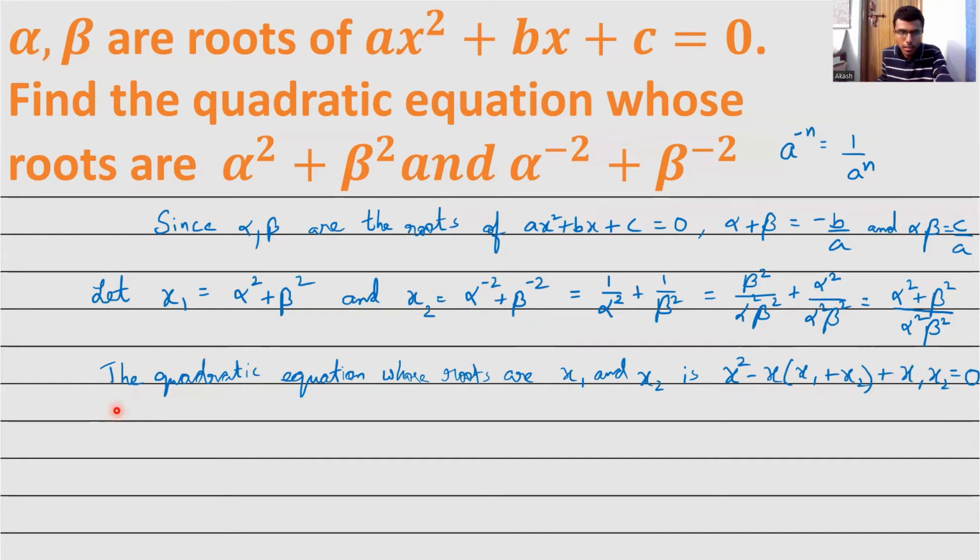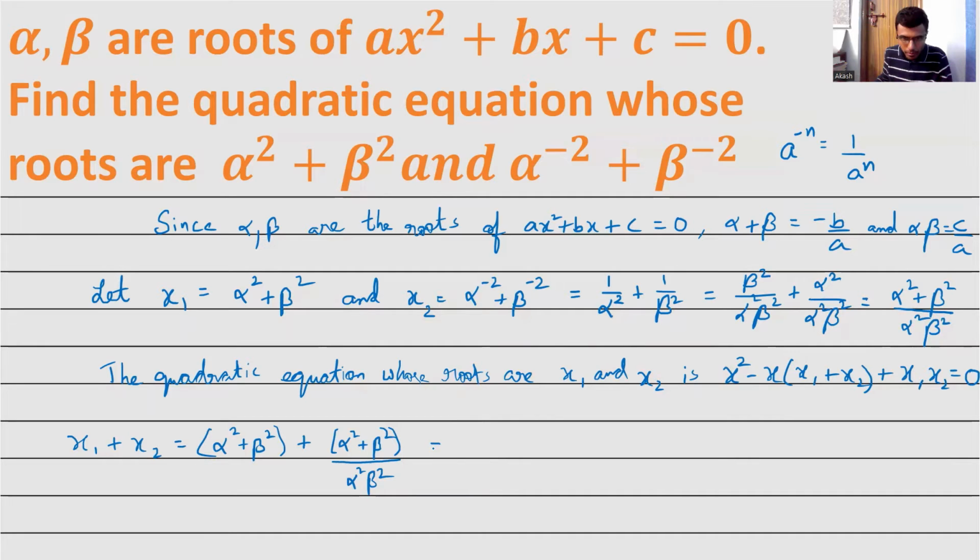But before that, you see there are a lot of squares here. Let me go in order, otherwise you guys can get confused. So I need to find out x1 plus x2. x1 is alpha square plus beta square, and x2 is alpha square plus beta square by alpha square beta square. Here we got them, x1 and x2.